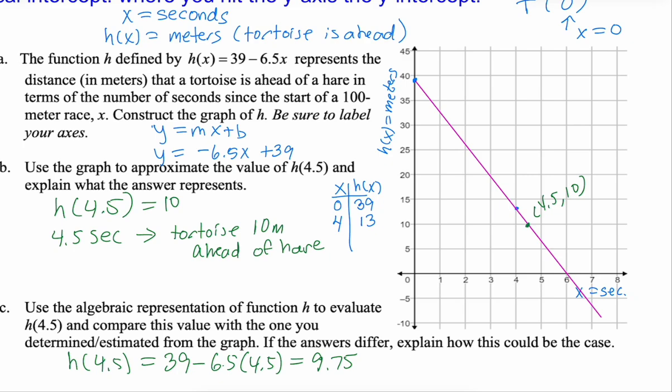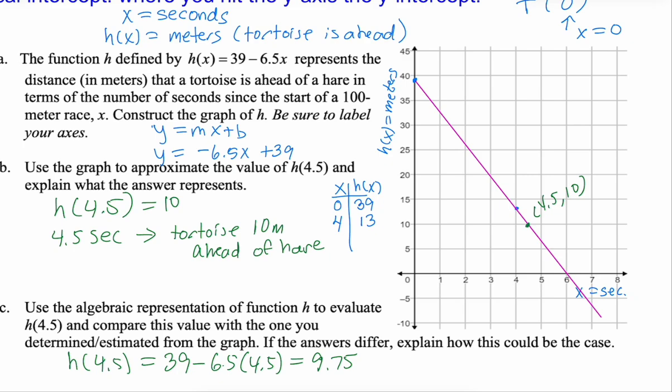Now, why did that happen? A graph, unless we are perfect machines like Desmos, is a very close estimation of what is happening. So that's why our eyes can't detect much of a difference between 10 and 9.75.